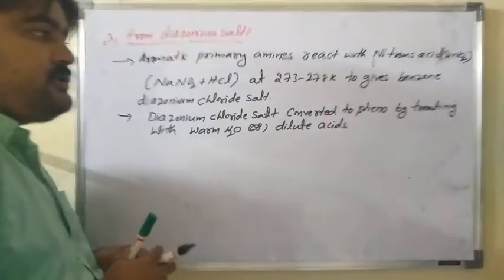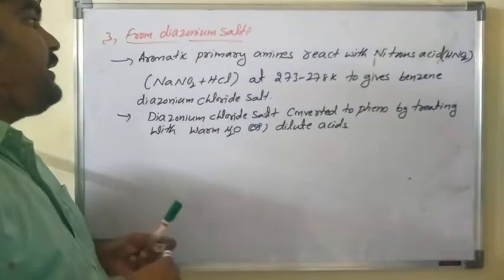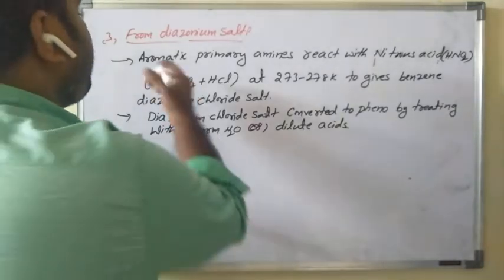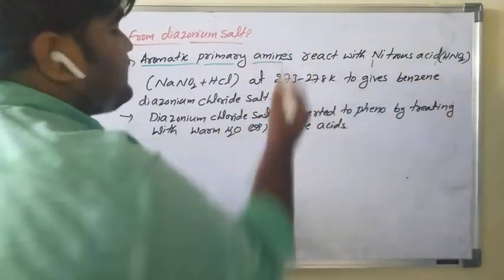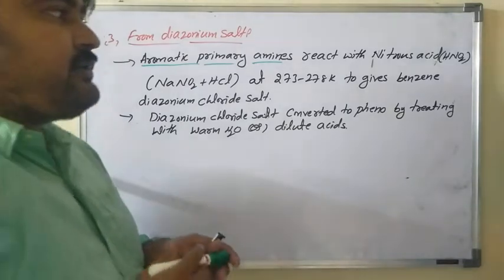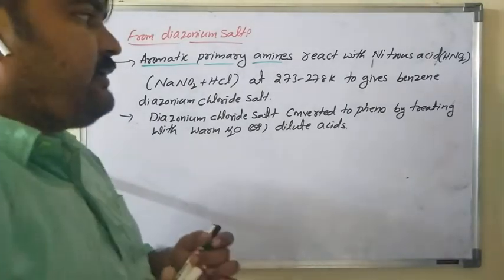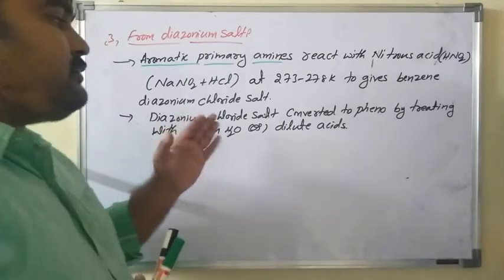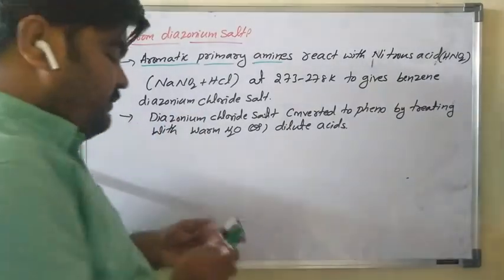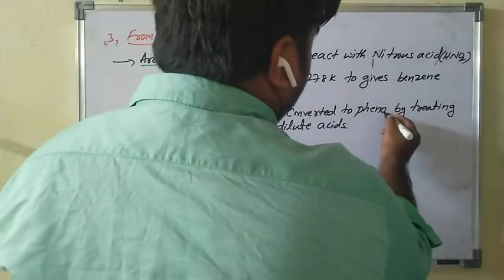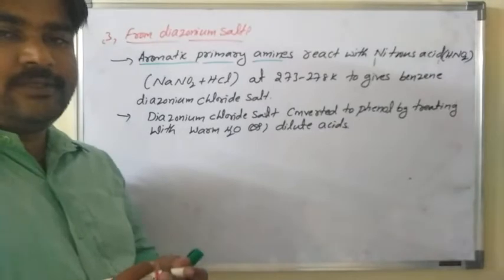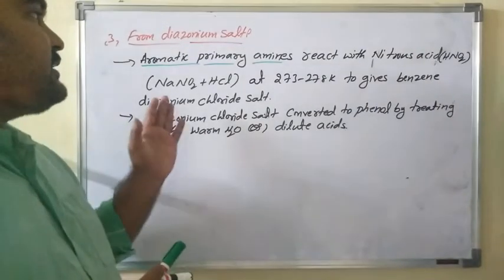So here you see, aromatic primary amines, for example aniline, react with nitrous acid at 273 to 278 Kelvin temperature to give benzene diazonium chloride salt. Diazonium chloride salt is converted to phenol by treating with warm water or dilute acids. So this is the preparation from diazonium salts.